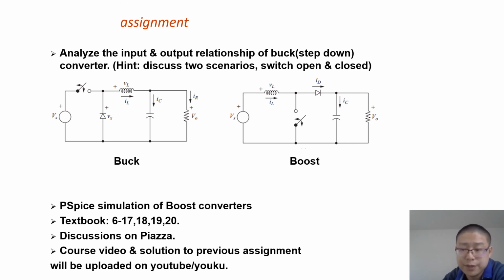Next, you will be asked to carry out PSpice simulation on the boost converter and finish problems on the homework. And also for the discussions and questions, you can post your questions on Piazza and have the discussion on Piazza. And the course video and the solution to the previous assignment will be uploaded on YouTube or Youku, the Chinese counterpart of YouTube.